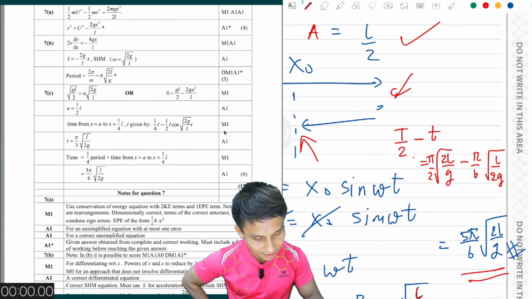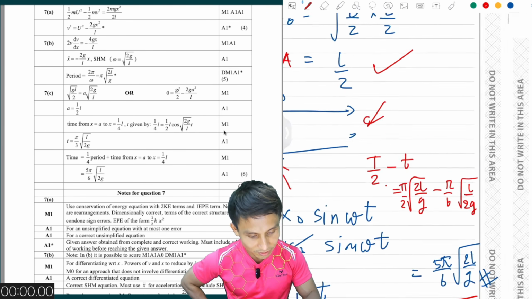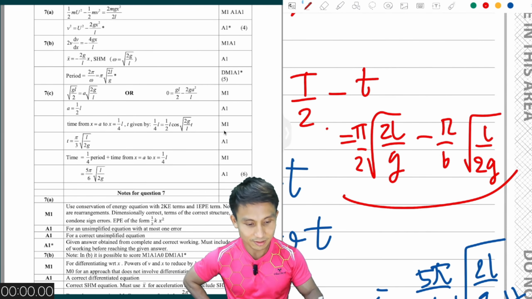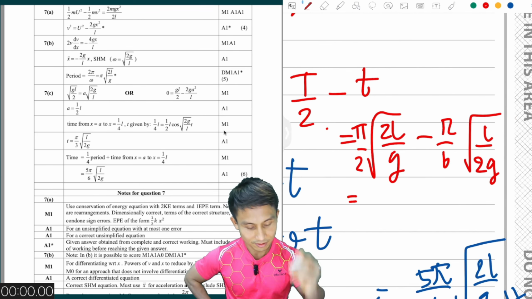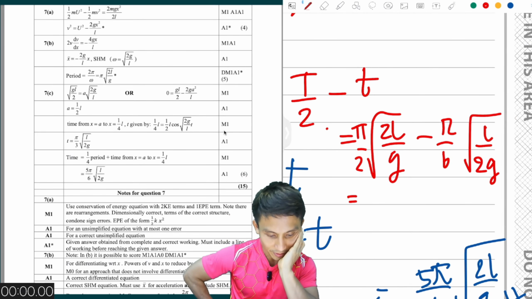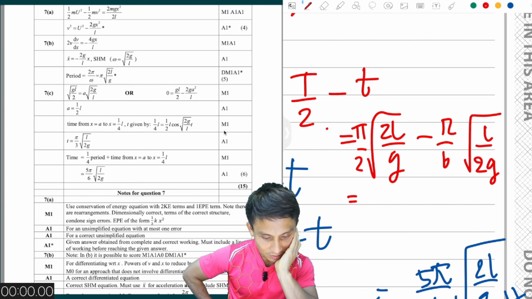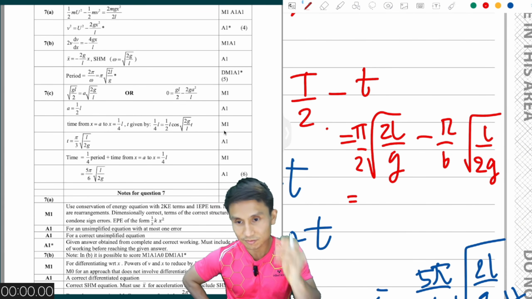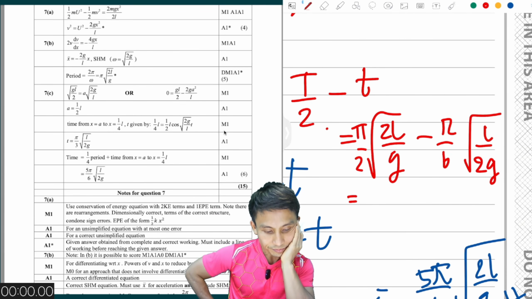So this is then what? That's a little complicated. I should bring the root out. So we're going to simplify this thing to get the answer. That would have been complicated. We keep it as L over 2G, right? If I take the root out, probably not a good idea there.